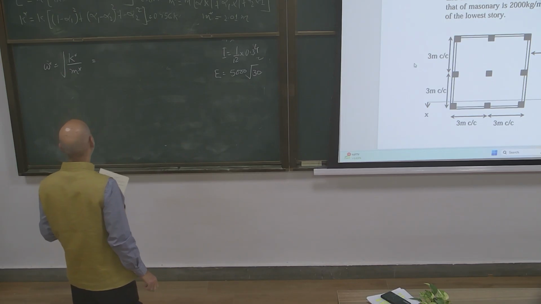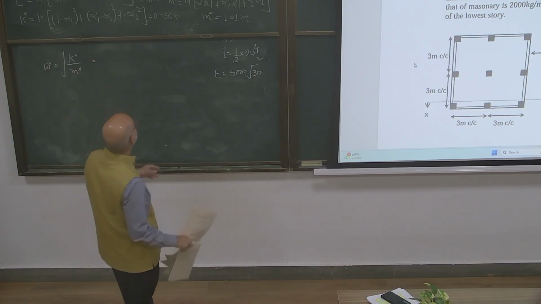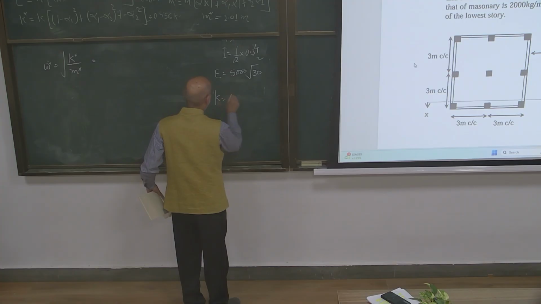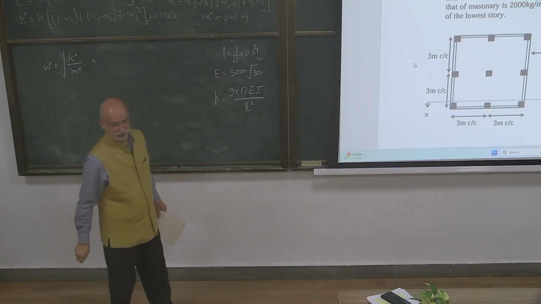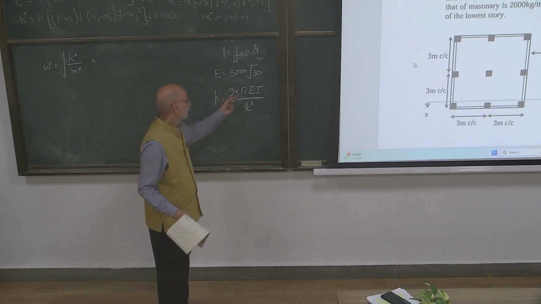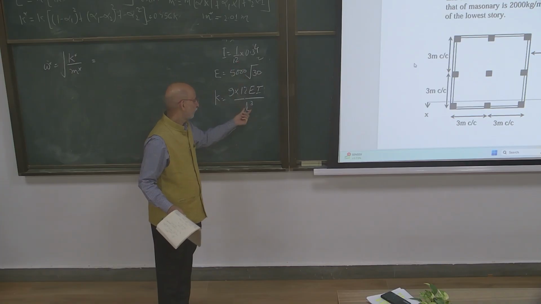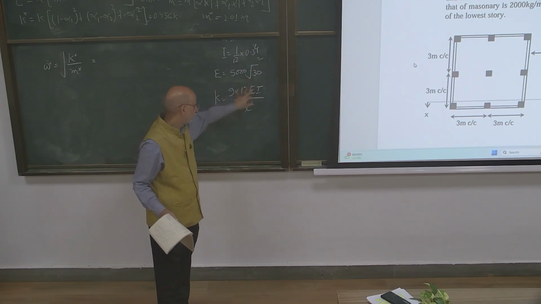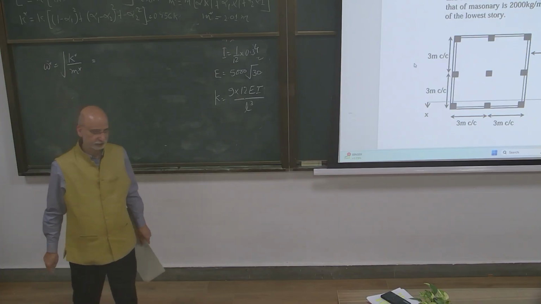Let other people see. Because K should be very large, right? K is how much? This is your K, right? Each floor there are 9 columns. 12 is there. E is known to you. I is known to you. Only you have to be consistent with the dimensions. Here I took meters. This is mm square. So you have to be very clear. 73942.5.